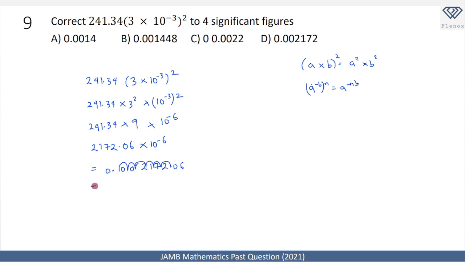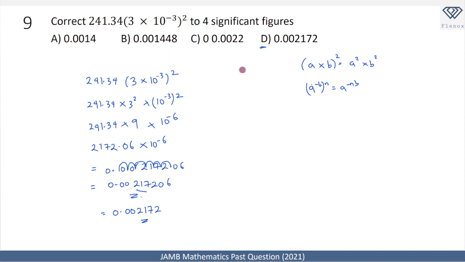So this is the same thing as writing 0.00217206. To 4 significant figures means you just take the first 4 digits after the first zeros that we see, and that becomes 0.002172, and that makes Option D the correct option.